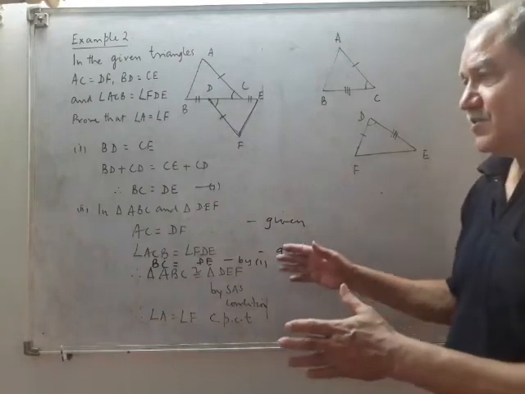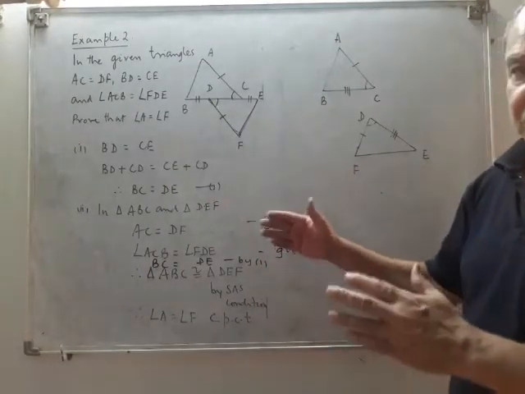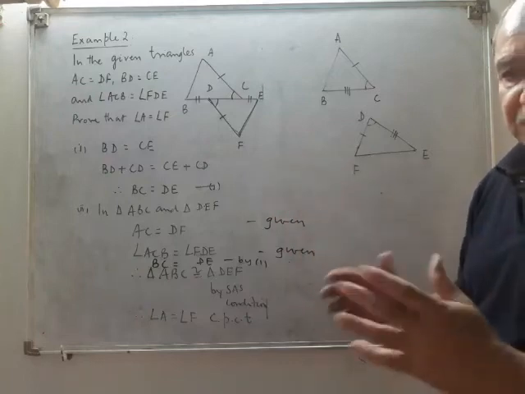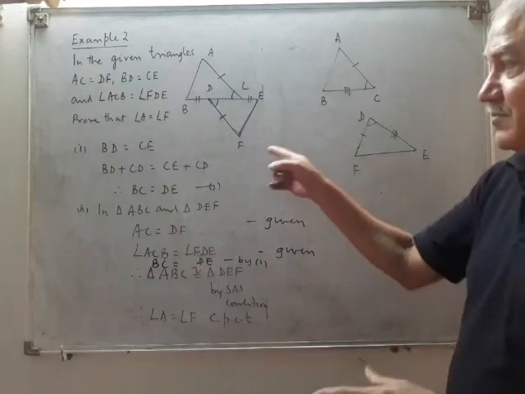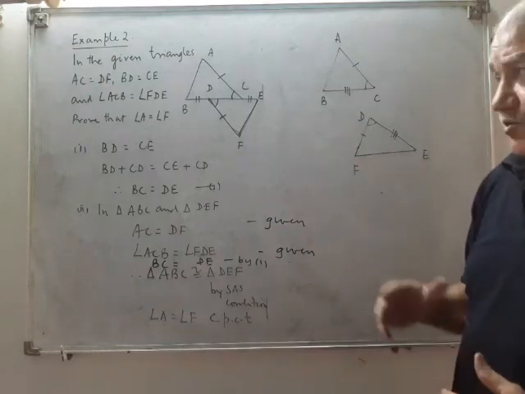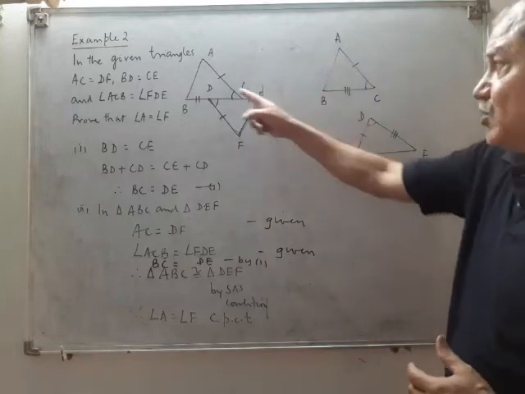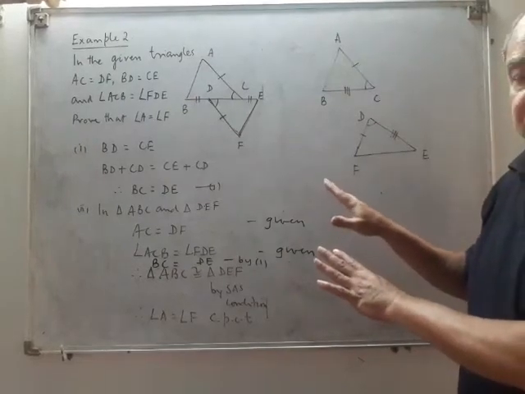After this, you have a worksheet. In the worksheet, there are 5 or 6 questions, problems from your textbook, from the exercises of this chapter. I'd like you to try them out. Remember, you are free to separate the triangles to be proved congruent.